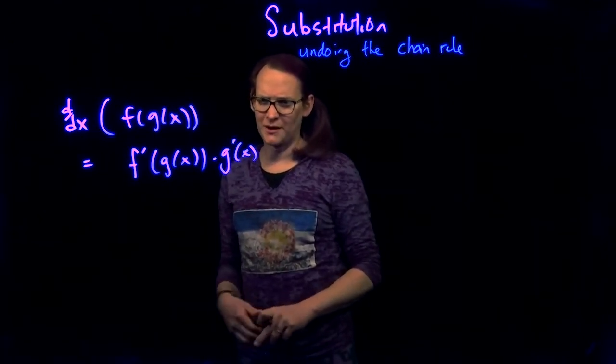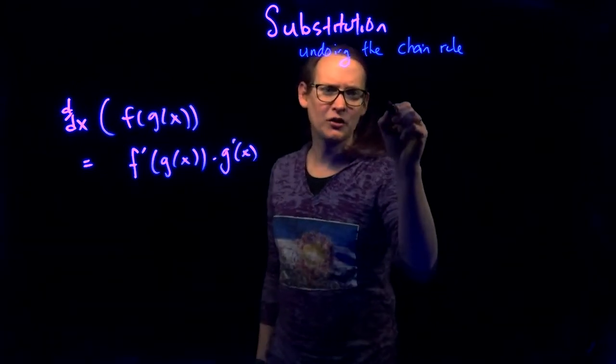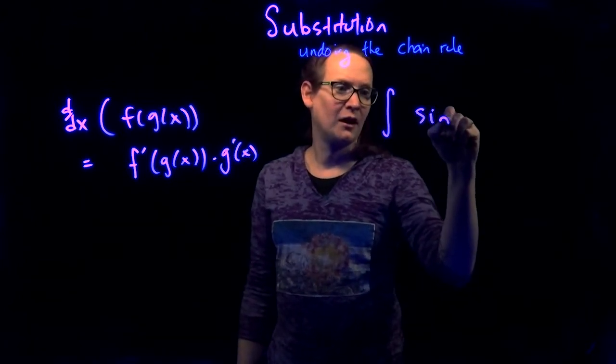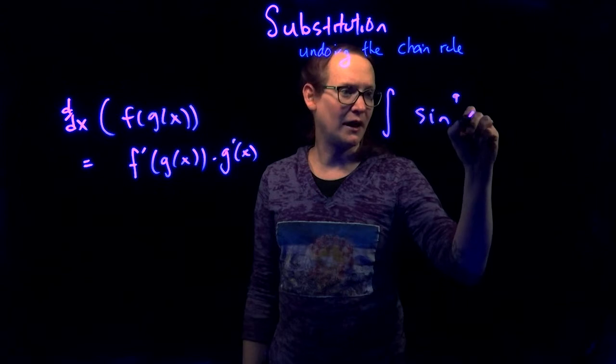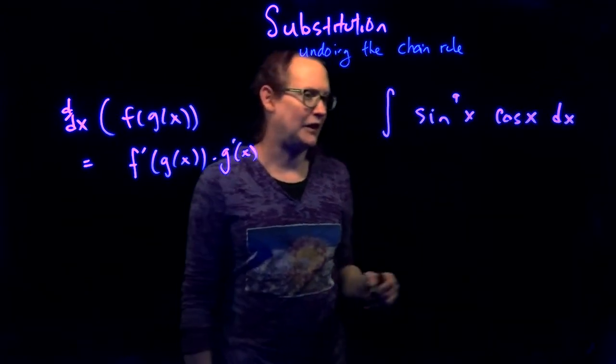I guess I should probably write down a few examples. So for example, we could try integrating the function sine to the 9th of x times cosine of x dx.